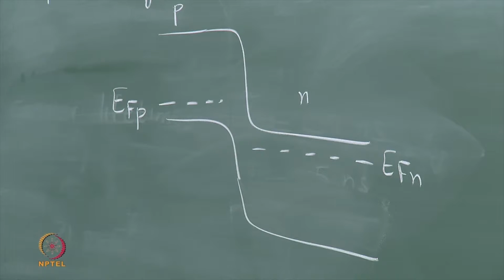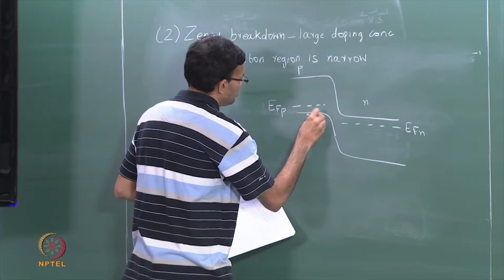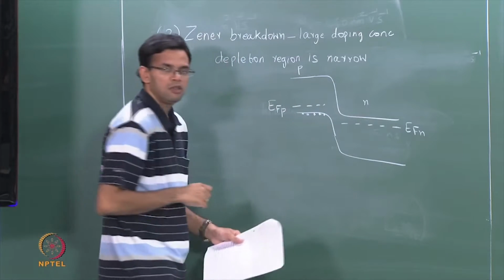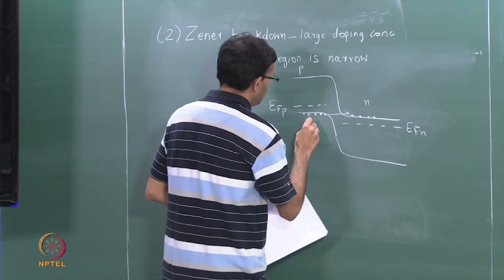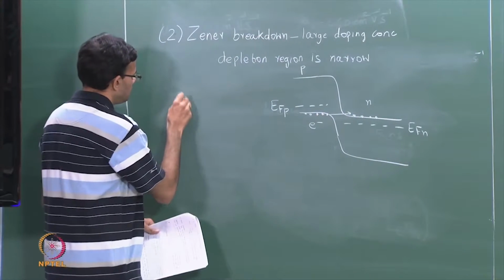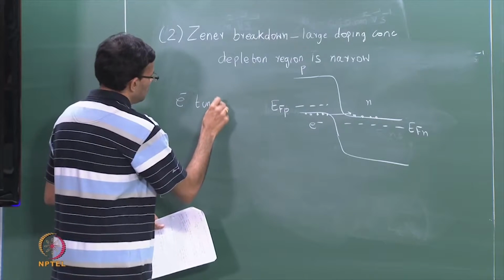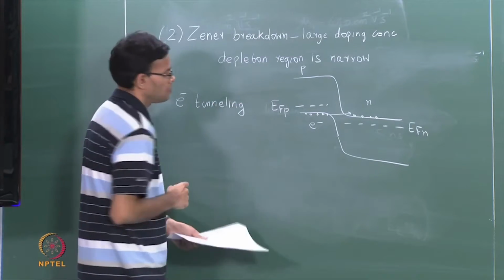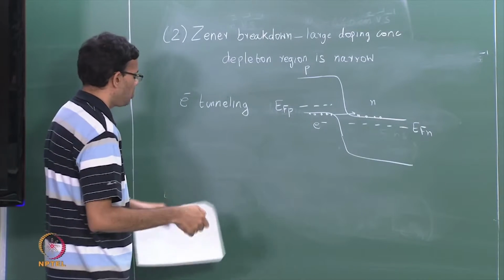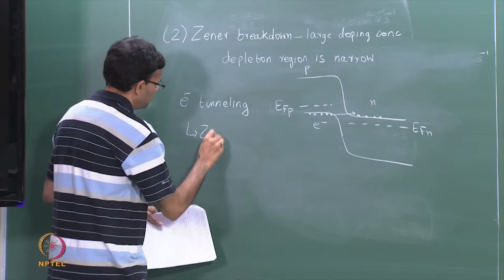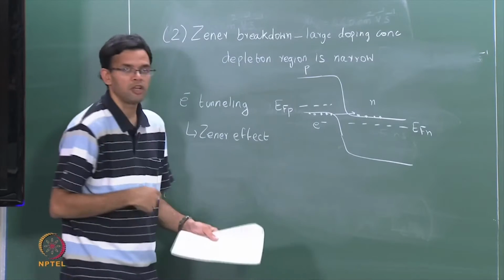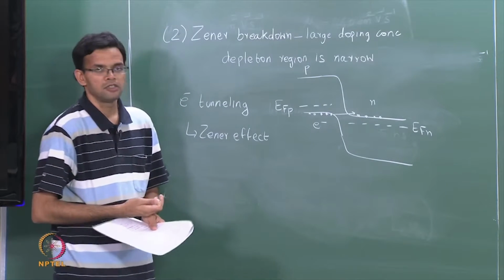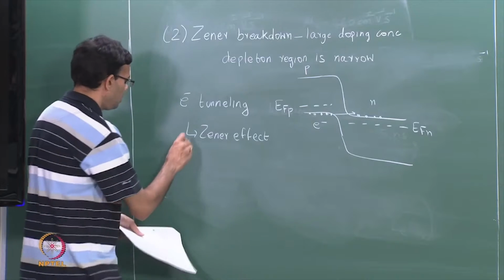So, we are in reverse bias, so that there is a large barrier, but because your depletion width is small, you can have electrons tunneling from the P to the N. So, this electron tunneling is called the Zener effect. And because of that, you have a large current, so you have a breakdown of the junction.